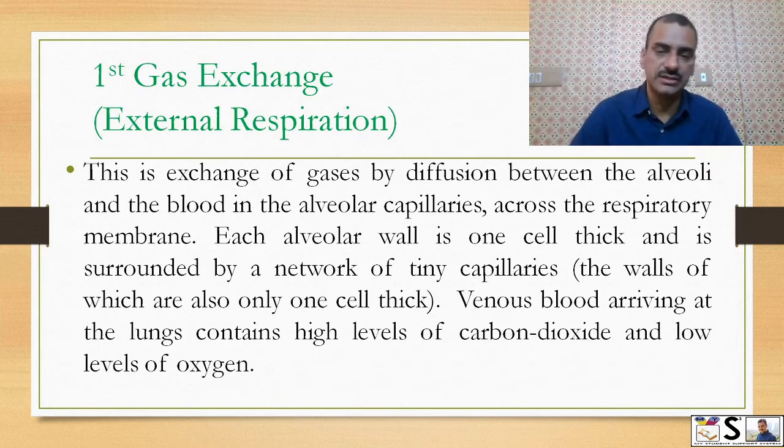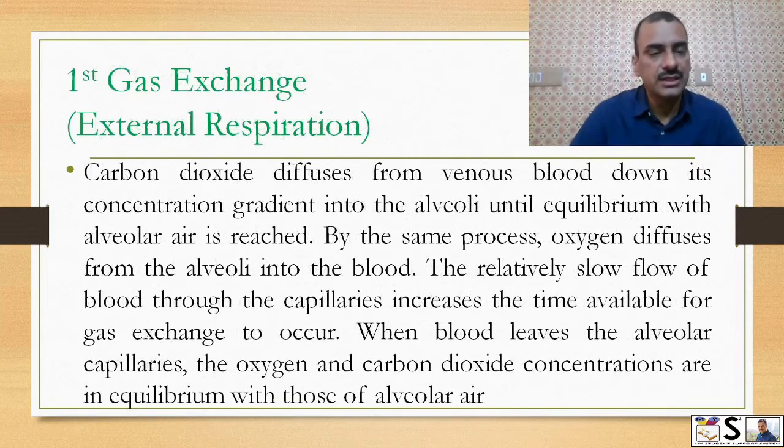The venous blood arriving at the lungs contains a high level of carbon dioxide and a low level of oxygen, meaning it is deoxygenated blood. The carbon dioxide diffuses from venous blood down its concentration gradient into the alveoli until equilibrium with the alveolar air is reached.